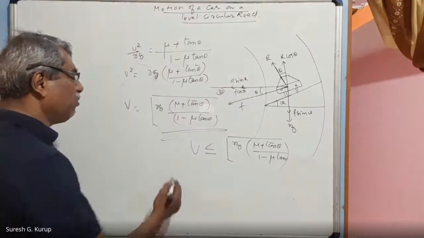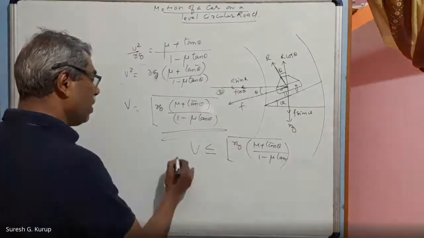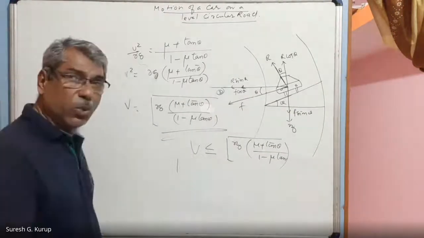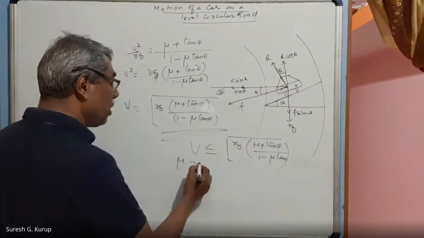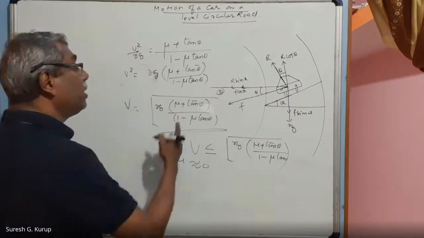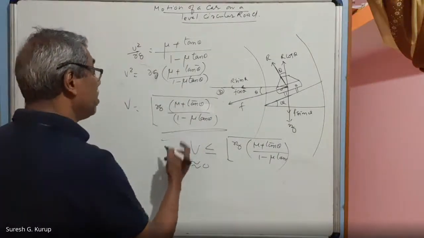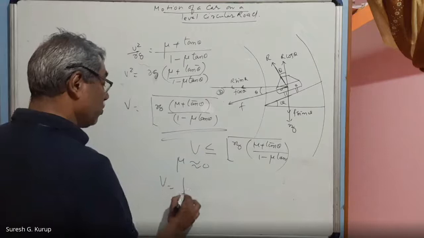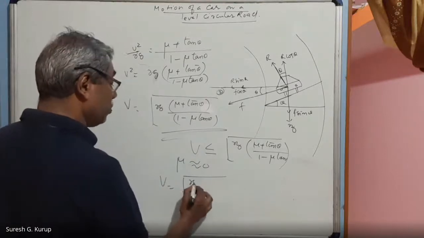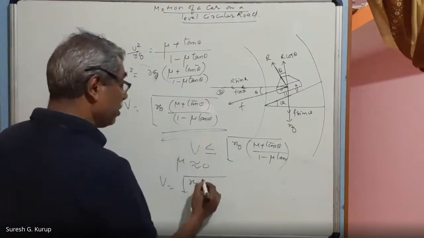If mu is negligibly small, that means friction is negligible, mu is more or less equal to 0, then this mu is 0, this also 0. Then you will get v is equal to square root of Rg tan theta.